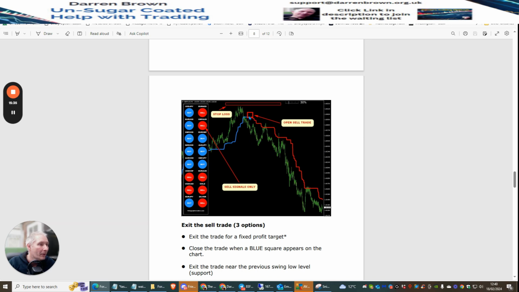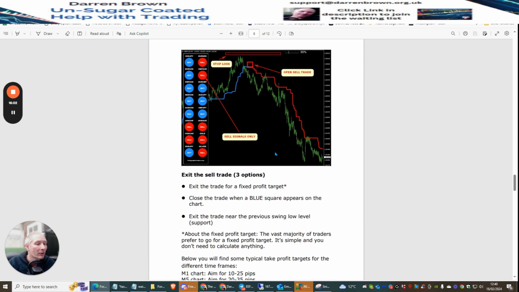This is telling you to go into a sell here, which is an open sell trade, and this here is your stop loss, which is just above the highest high. So if you get a spike because of the news, it's going to get taken out. The chances are it's going to go back up to about here and come down anyway. But if it naturally goes up and you're going to be losing profit, then at least you're going to have your stop loss. It's going to protect you.